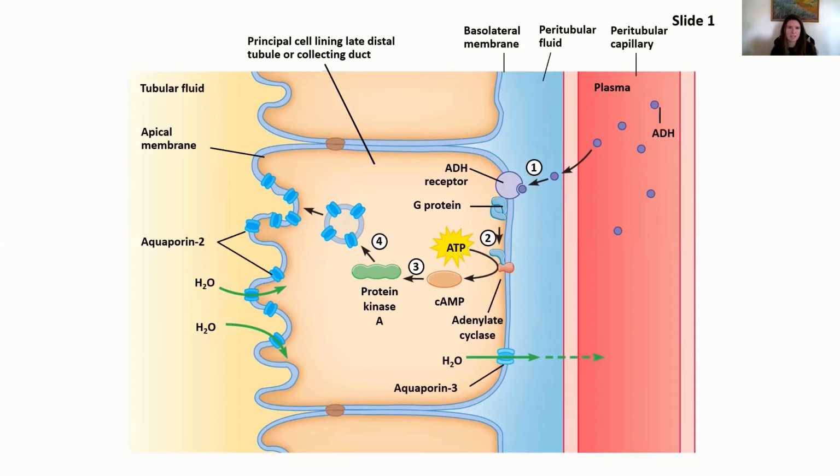And this is how we kind of toggle the permeability of that membrane on and off. So if we have these aquaporin 2 channels present, and they're present because we have ADH, then our membranes are going to be permeable to water because we always have aquaporins on the other side of the cell, on the basolateral membrane. So we can resorb water at that point, which we're going to do, as always, because of our osmotic gradients, basically.